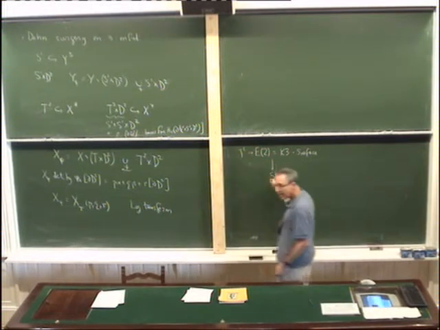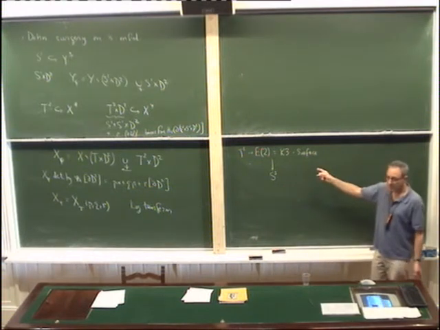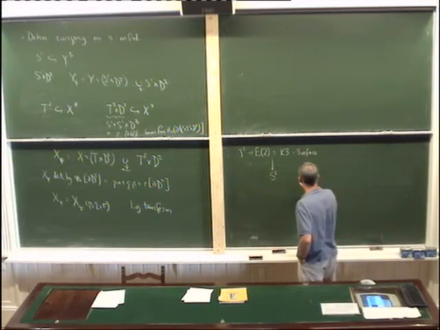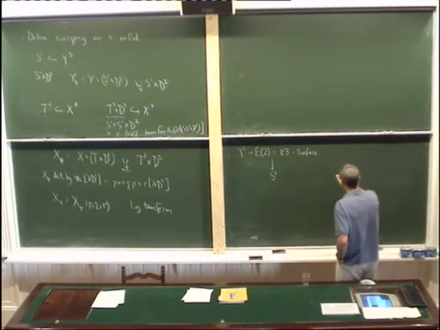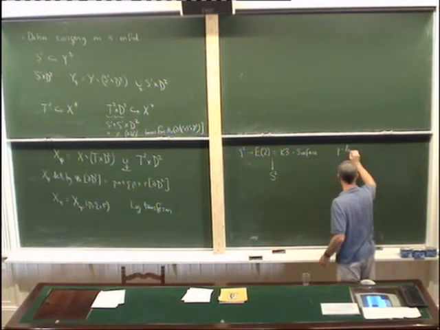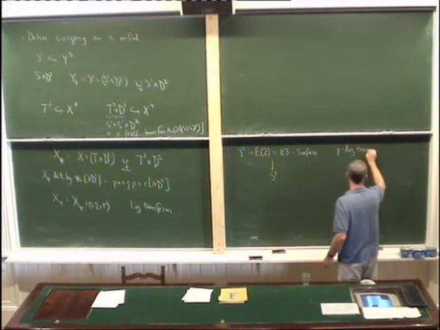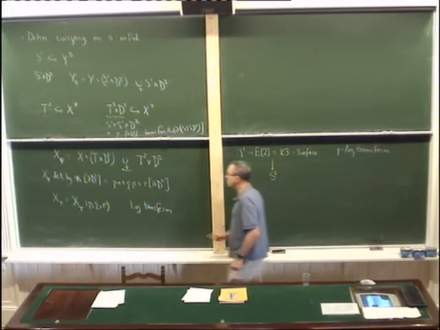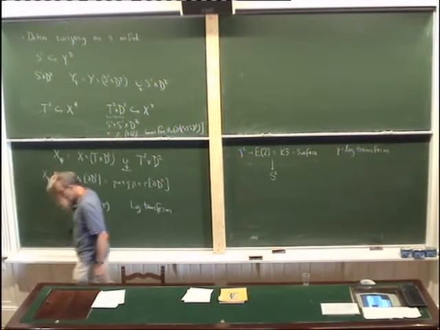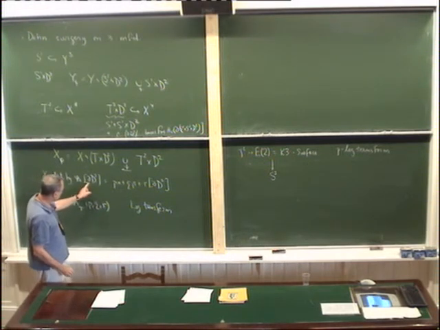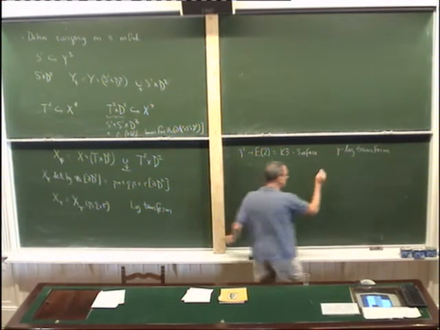Now, this is not a fiber bundle, right? This has singular fibers. So we can ask what happens if we do an order p log transform. So what is an order p log transform? Choose one of these circles and just leave it alone.